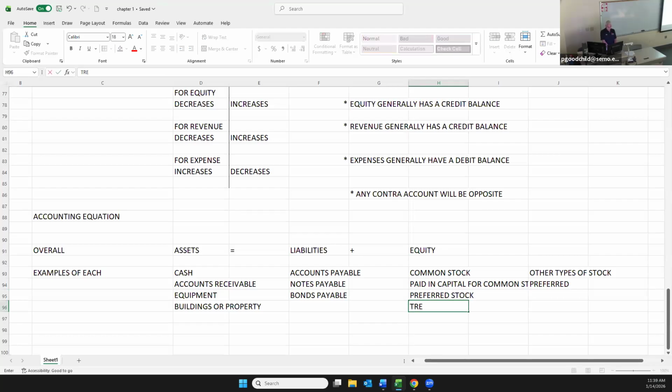And then you could also have treasury stock. I won't put that in there. Say that blank and retained earnings. We'll make a little note here. Treasury stock is a contra equity account.